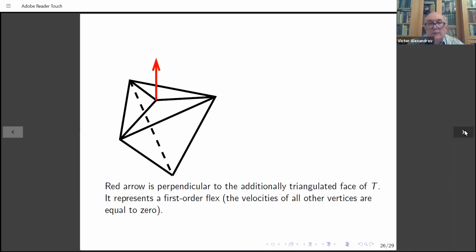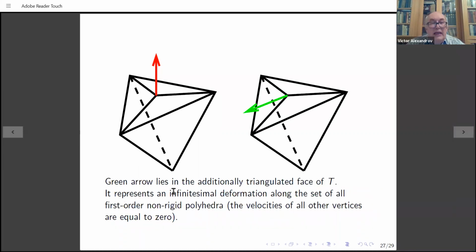Okay. The green arrow lies in the additionally triangulated face of T. It represents an infinitesimal deformation, not a first order flex, but an infinitesimal deformation along the set of all first order non-rigid polyhedra. The velocities of all other vertices are equal to 0.